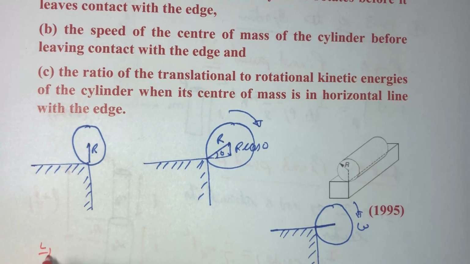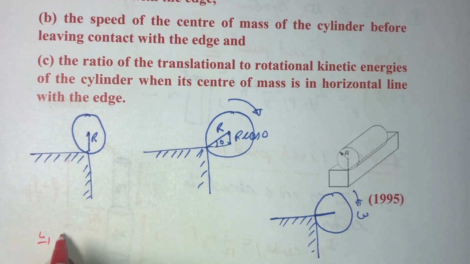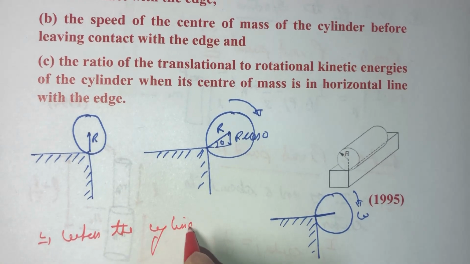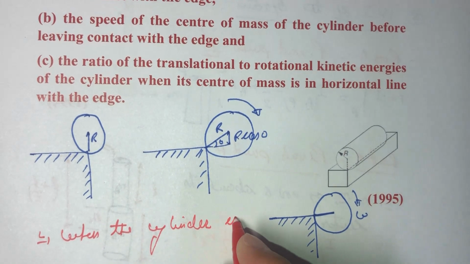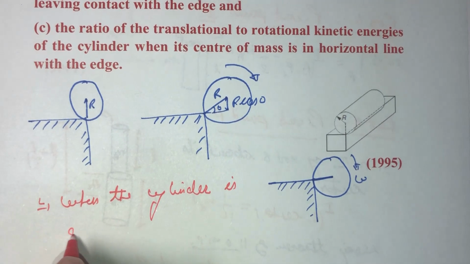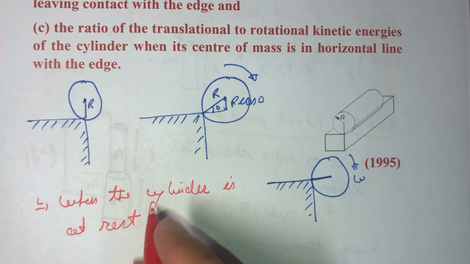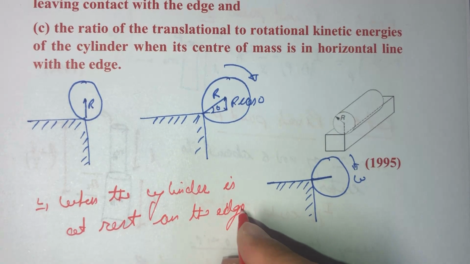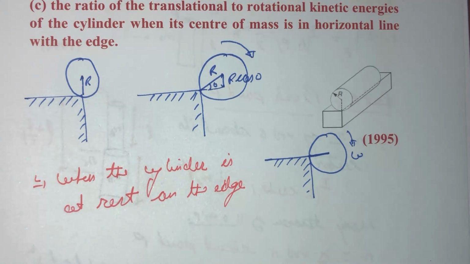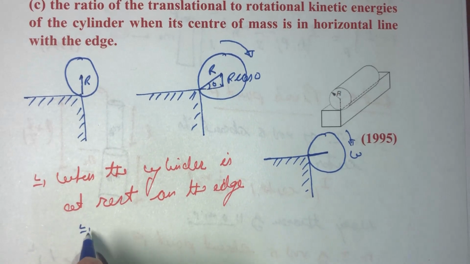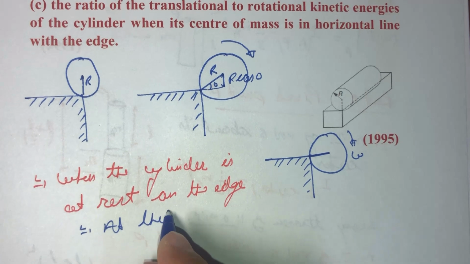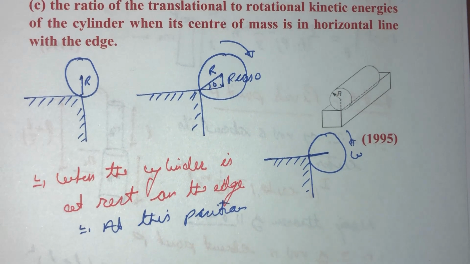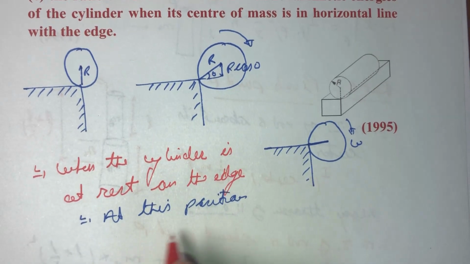So therefore we can say that when the cylinder is at rest on the edge, at this position, the potential energy will be maximum.